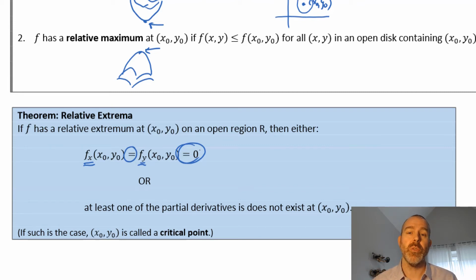So that's similar to what it is in functions of 1 variable. And in this case, we call these critical points. Like you might have used that term in Calc 1, but now here in Calc 3, that's actually applicable. They are points in the xy plane where at least one partial derivative doesn't exist, or both partial derivatives are 0.